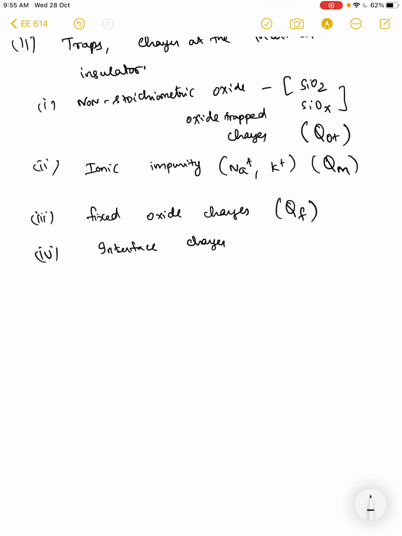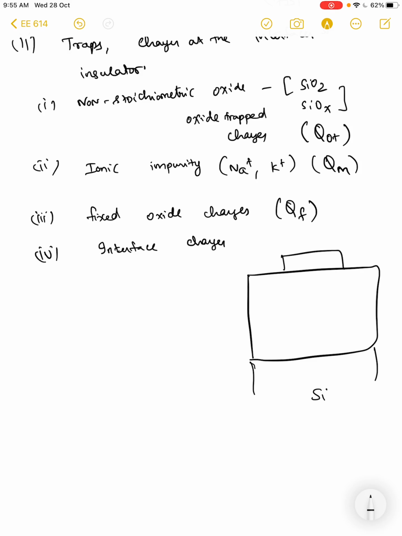So the interface charges, so basically if I take, I'm drawing this disproportionately just for us to visualize. So let us take this to be silicon. As we saw before, you will have some charge densities which can be moved, which are oxide trap charges. This is QOT.